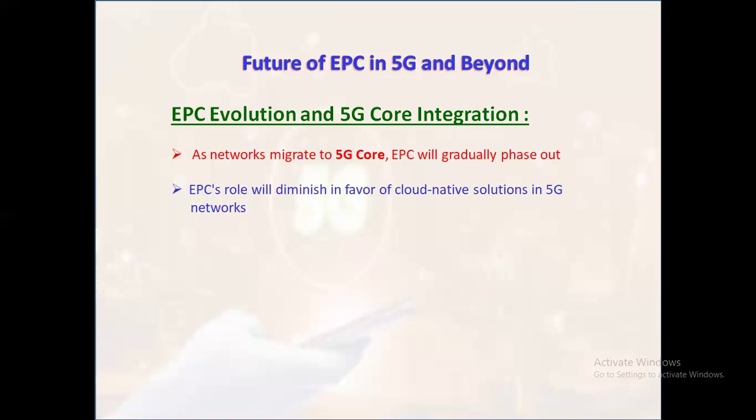As operators embrace more cloud native solutions and virtualized network functions, EPC's role in handling user data and network control will diminish, giving way to more flexible and dynamic systems that better meet the demands of next generation applications and services. This shift marks the next step in the evolution of mobile network infrastructure, prioritizing speed, efficiency, and adaptability.